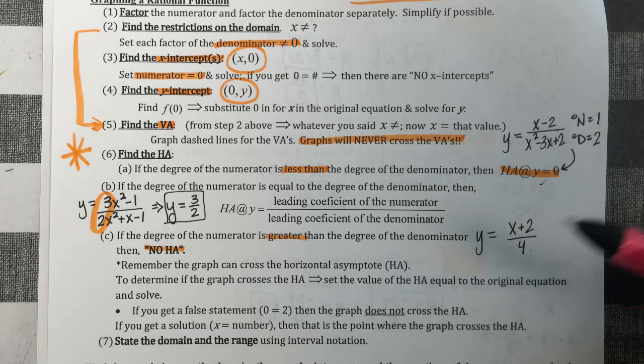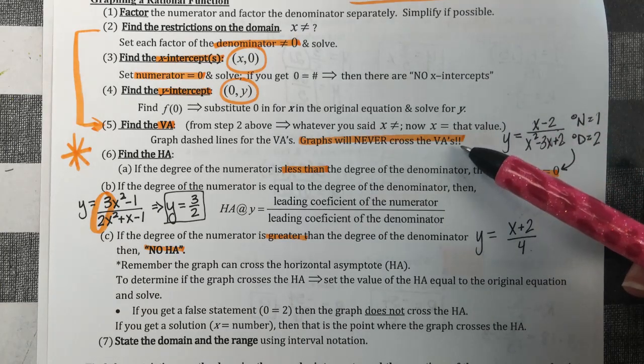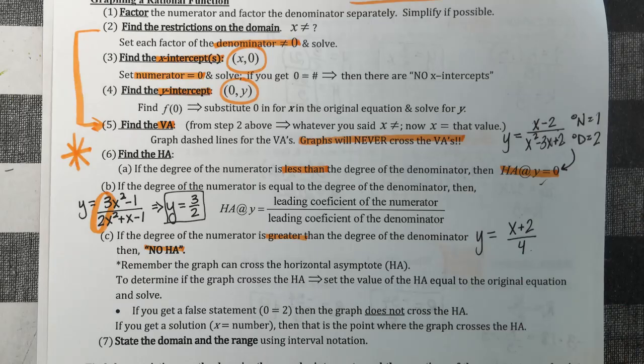Okay. Now, your graph cannot cross a vertical asymptote because it's a restriction on the domain, but there is a possibility that it can cross the horizontal asymptote because it just comes from the exponent. There's no actual restriction anywhere. So you're going to see, does it cross that horizontal asymptote?